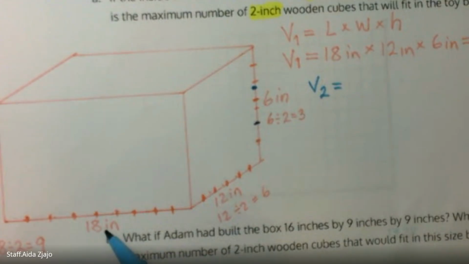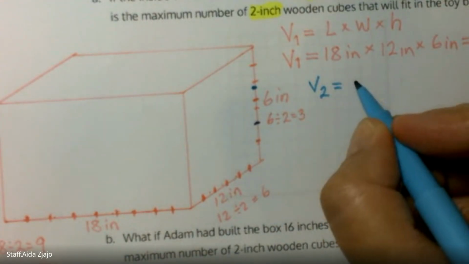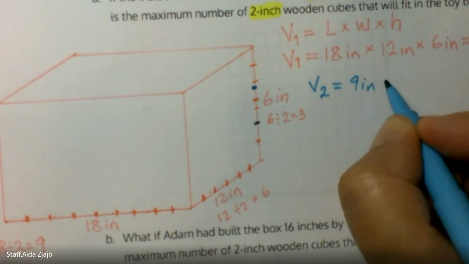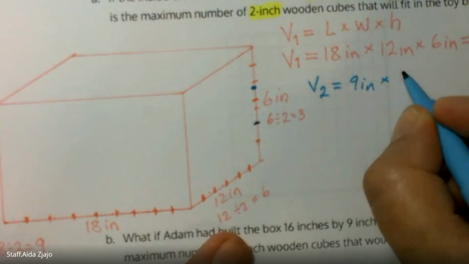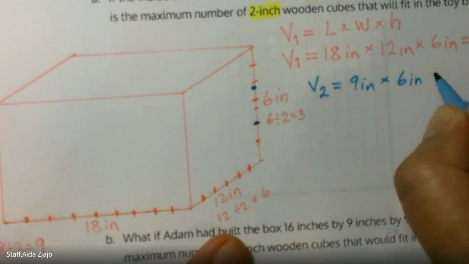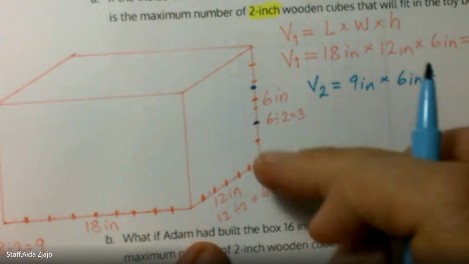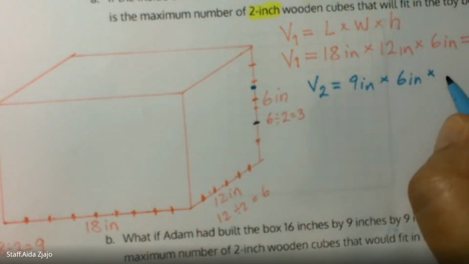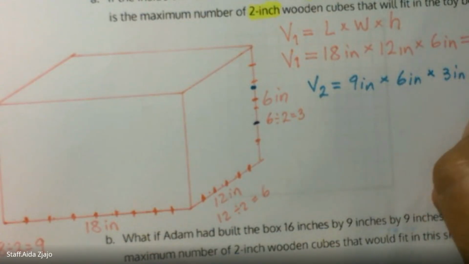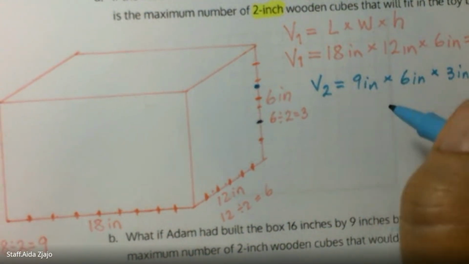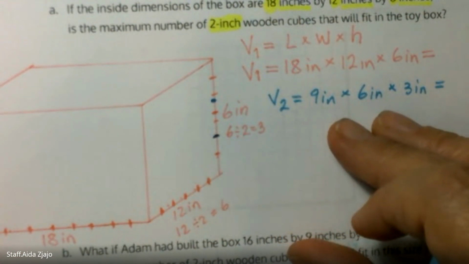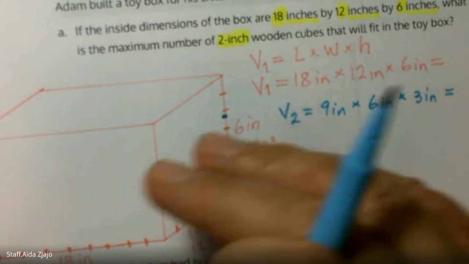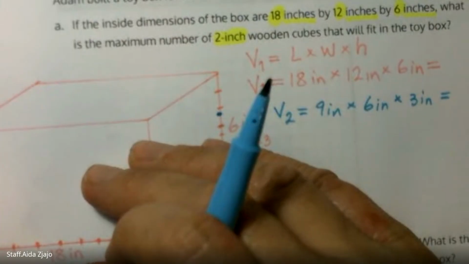Instead of 18, it's going to be 9 inches, instead of 12, it's going to be 6 inches, and instead of 6, it's going to be 3 inches. This volume 2 will exactly tell us how many cubes will fit in this box.